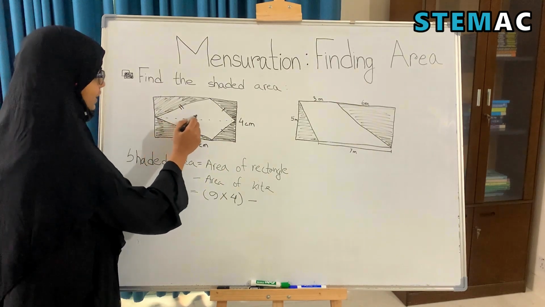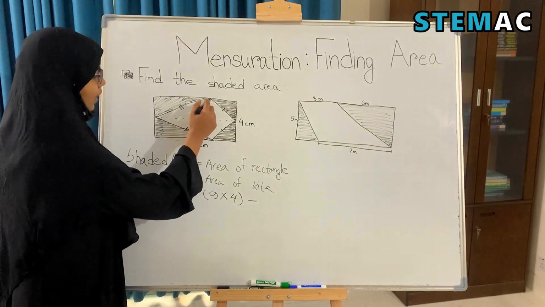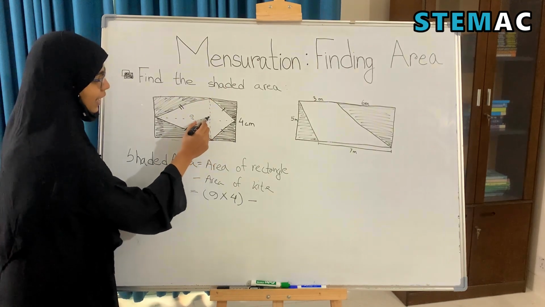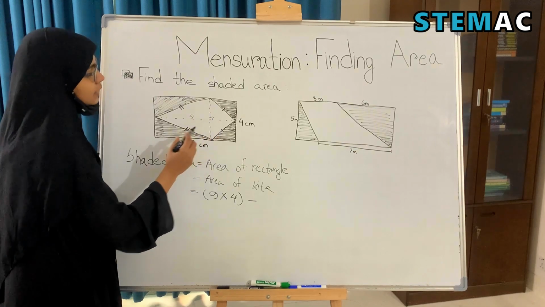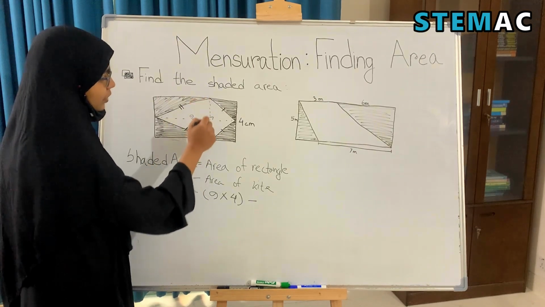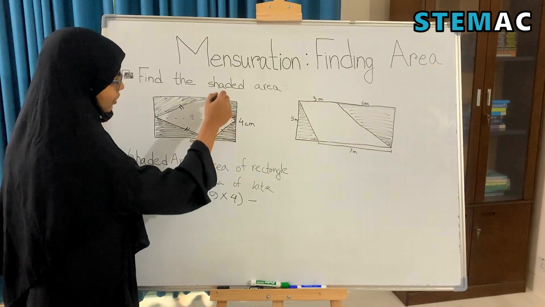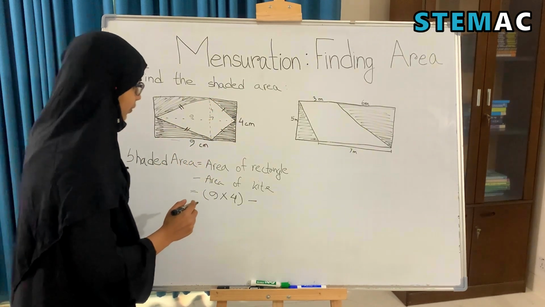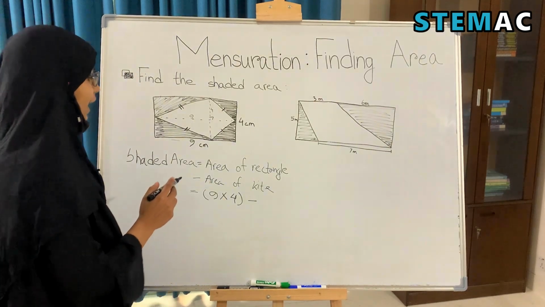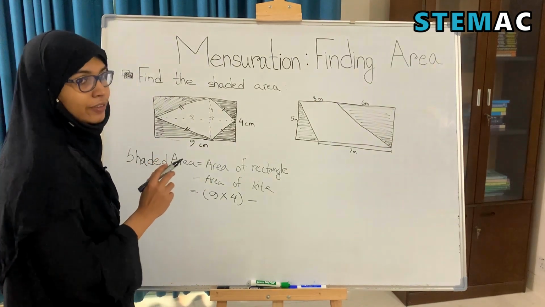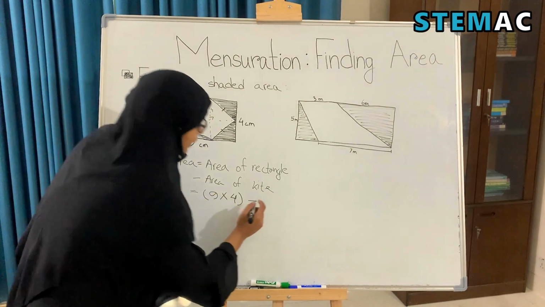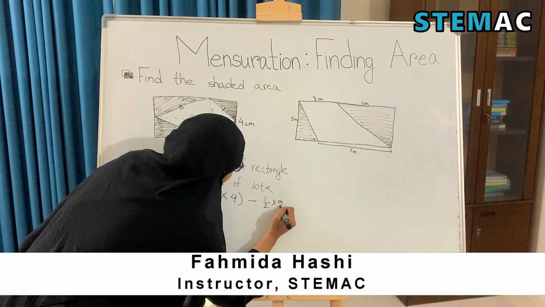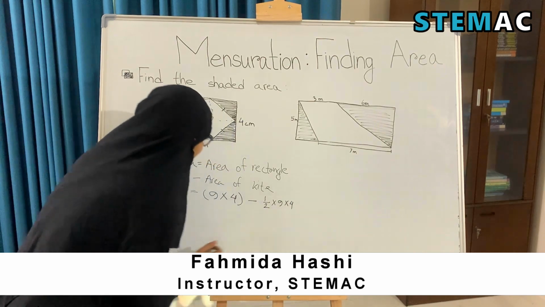So, the length of this diagonal is 9 centimeter and the other diagonal of the kite is parallel to this side of the rectangle. So, this diagonal is 4 centimeter and for kite we know that the area is half into product of diagonals, that is half into 9 into 4.